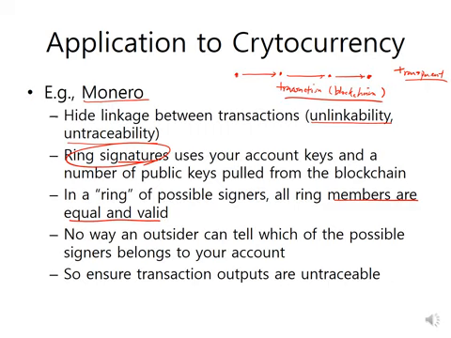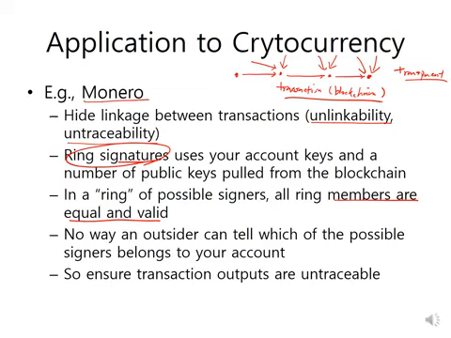But if there are multiple traces, which can be verified using the ring signatures, actually we cannot uniquely trace some specific and valid trace. So the ring signature can be used to hide the linkability and make it very difficult to trace the transactions.